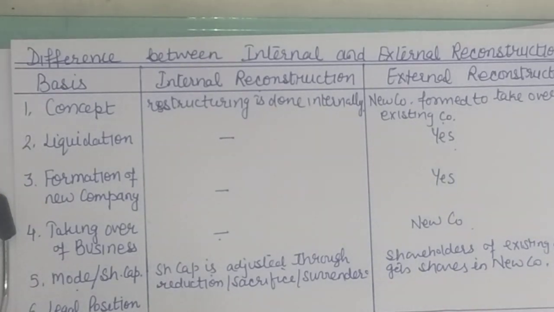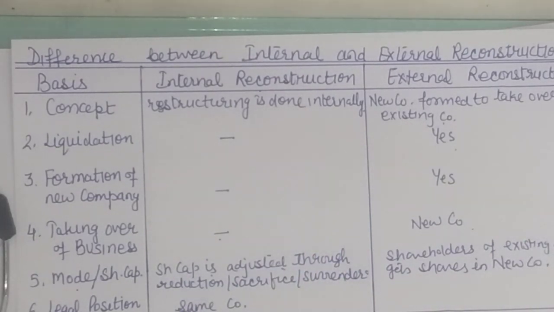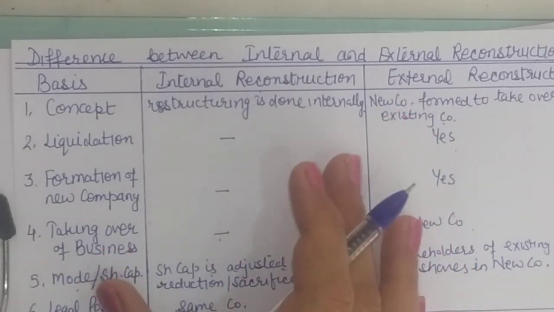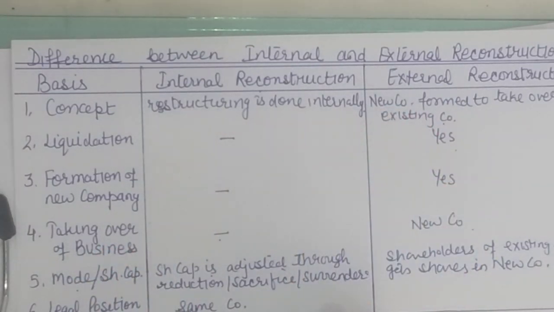So the legal position is that in internal reconstruction, the same company continues and it restructures its position and it files a new balance sheet which is called balance sheet and reduced. They need to add this phrase and reduced with their balance sheet to show that this is the balance sheet of the company after internal reconstruction.